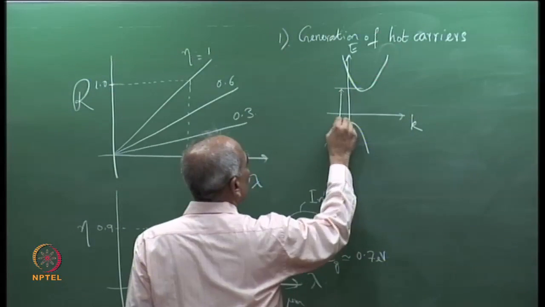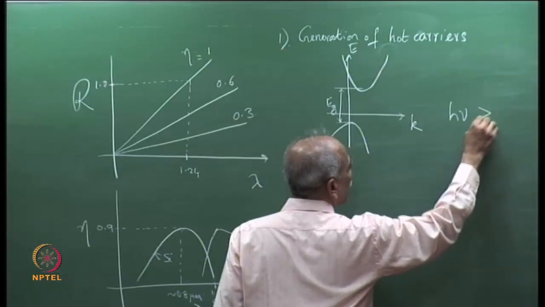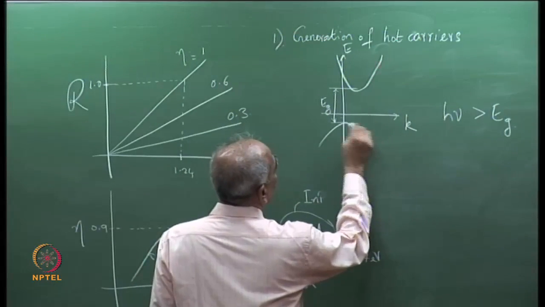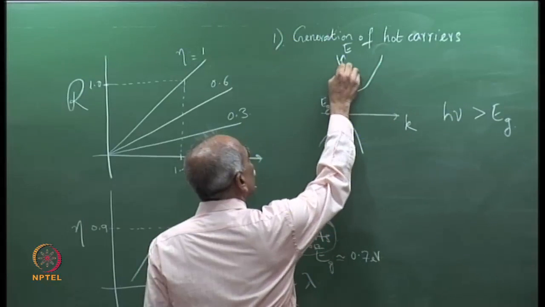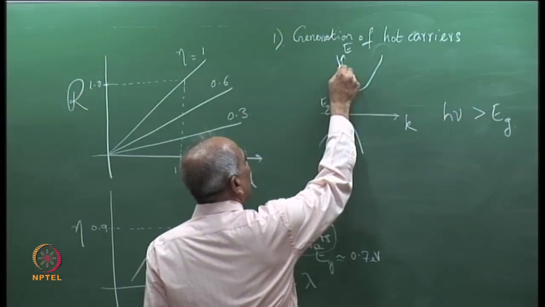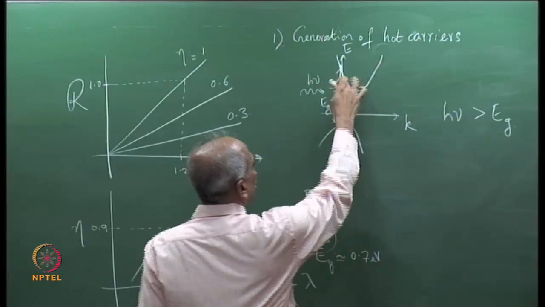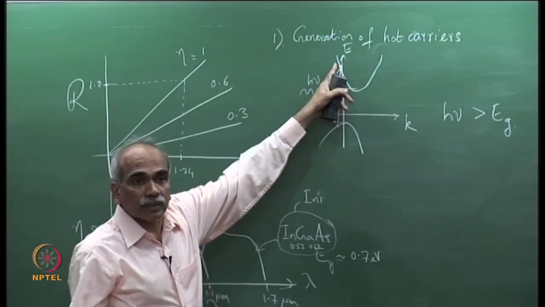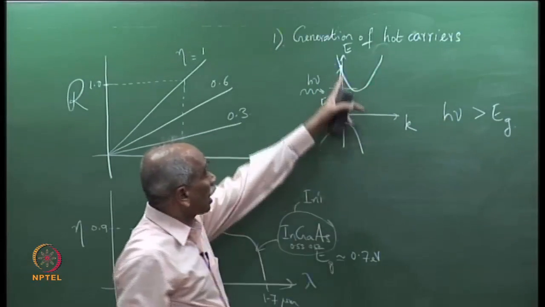For h nu, incident photon energy much greater than Eg, electron transition can take place. An electron from the valence band can make an upward transition to an allowed state here, due to absorption of the photon of energy h nu greater than Eg. Because this is a vertical transition, which is an allowed transition, this carrier here is a hot carrier because it is a high energy carrier.